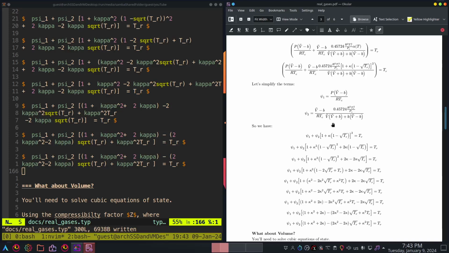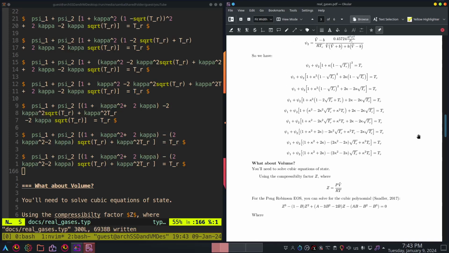V minus B over this whole volume term here over V square. So this is a V square term, and these will cancel to give you 1 over V at the bottom. RTC and RTC here will cancel, so you have an RT over PV. So psi 2 is also dimensionless. So far should be fine. Psi1 and psi2 are definitely dimensionless.